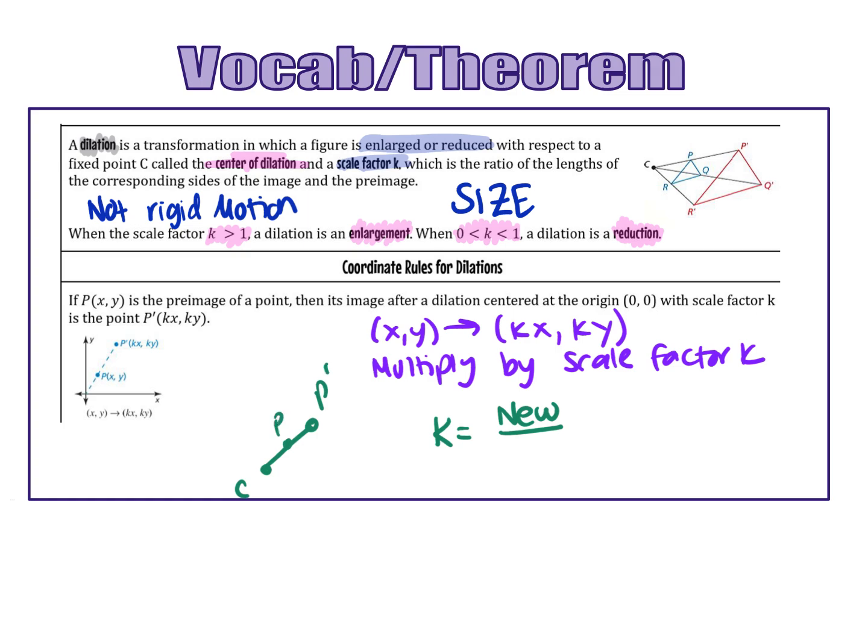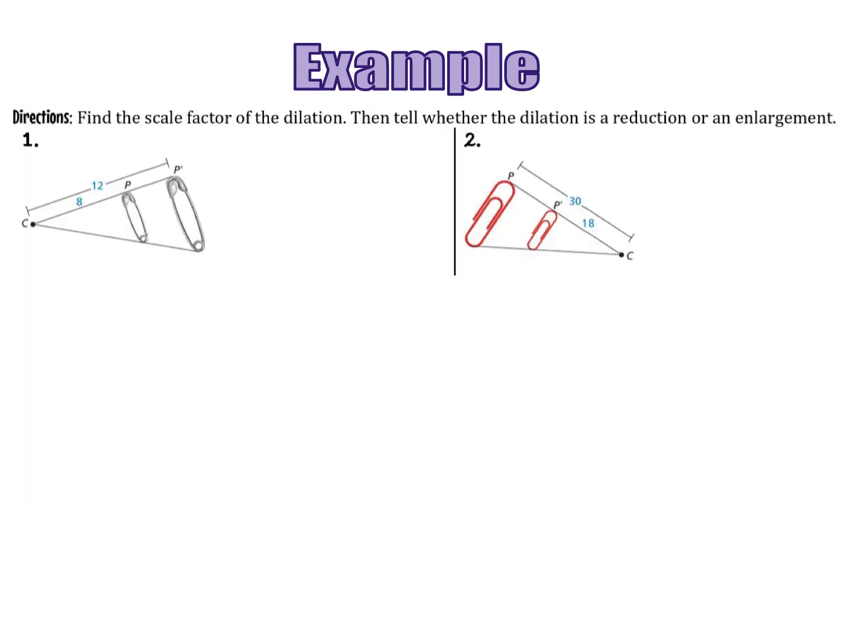So the length to P prime over the length of P, the new divided by the old. Or if we were looking at a specific part of a coordinate, the x prime, the image length, divided by the original x value. So now that we have talked about this, let's look at some examples where we need to find the scale factor and then some examples where we need to perform a dilation.